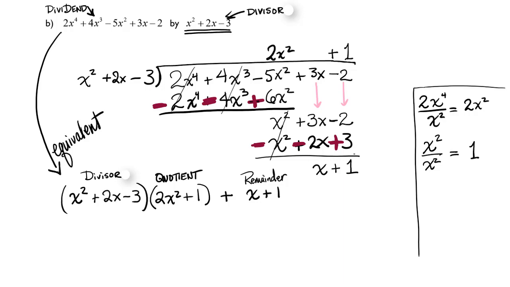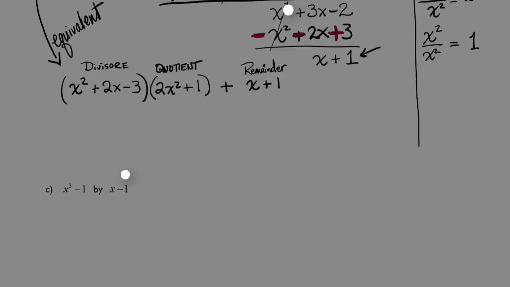And when you are asked to do homework questions, usually you're asked for the remainder, the quotient here, and the remainder here. Occasionally you will be asked for the fractional form, but they will usually make that very, very blatantly obvious. Let's try the last one.